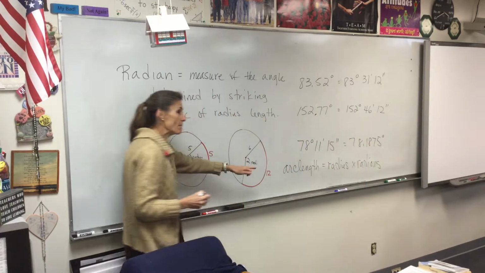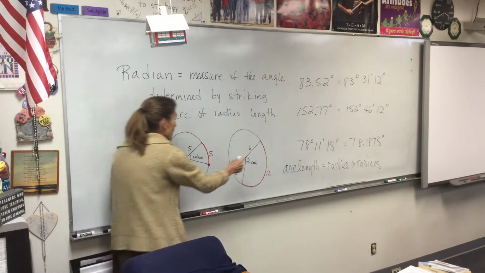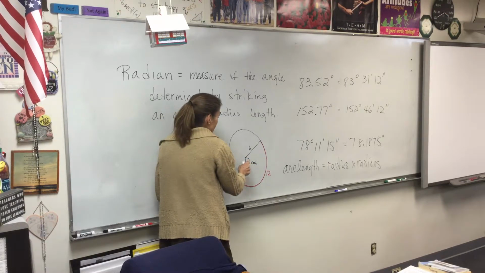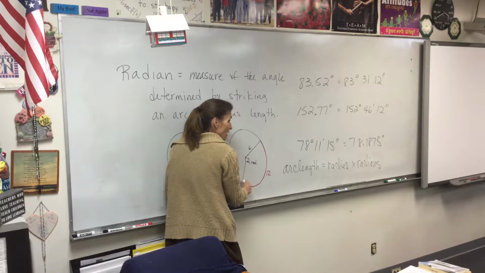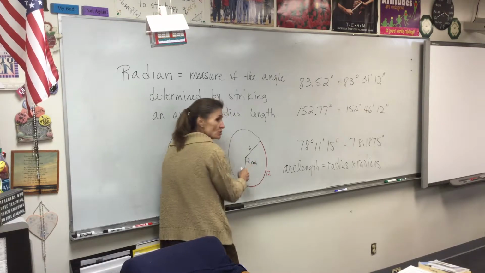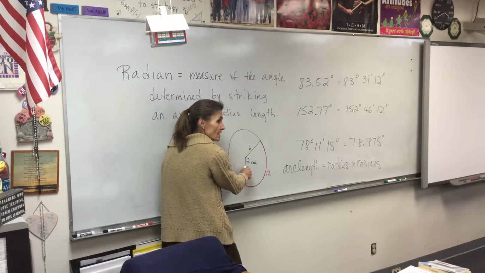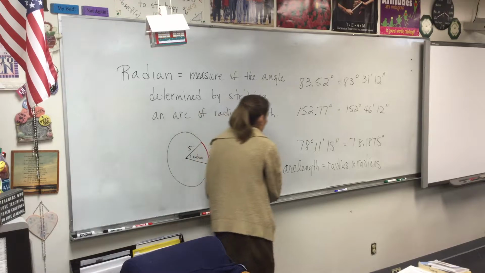Now, do not be confused by that for 1 second. You guys figured this out. You know that. The length of that arc was 6 times 2, right? Radius times radians.